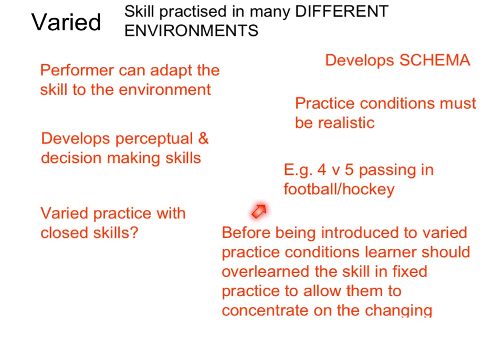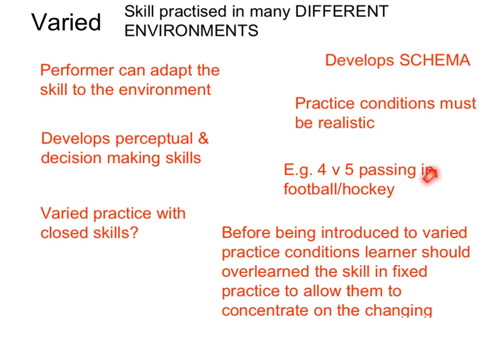Also, before being introduced to varied practice, it is important that the learner has overlearnt the skill in fixed practice first. That will allow them to concentrate on the changing environment. If we look at passing as the skill we're learning, we talked about the varied environment being a 4v5 game.